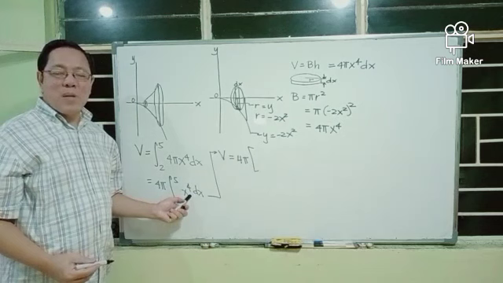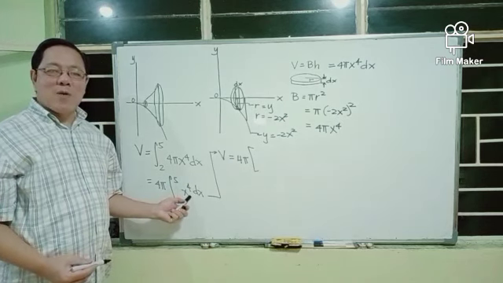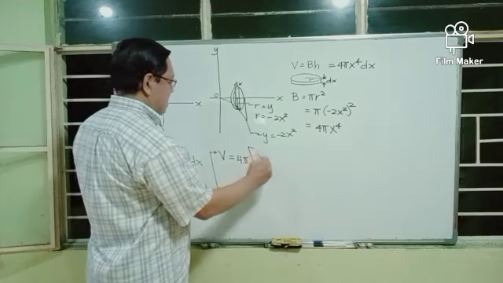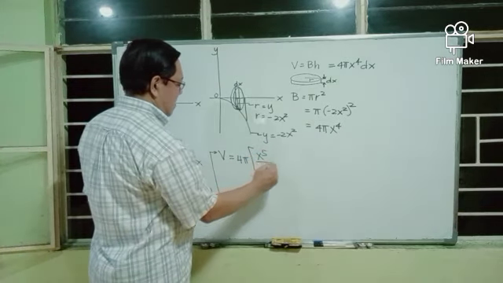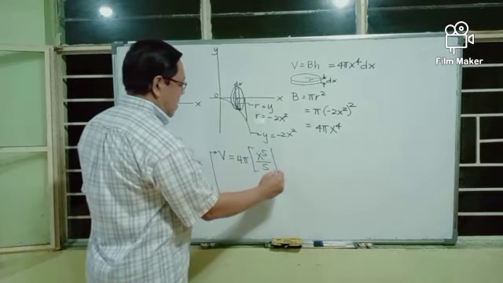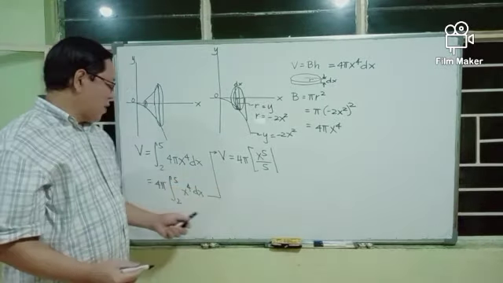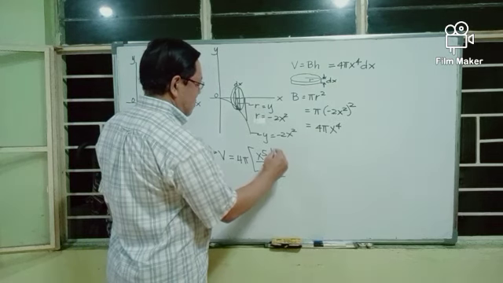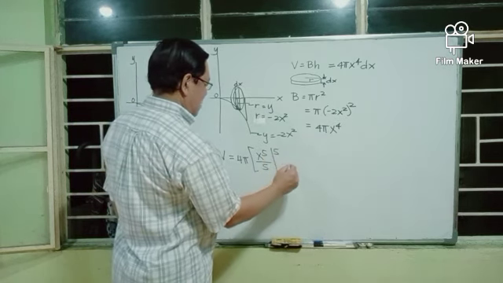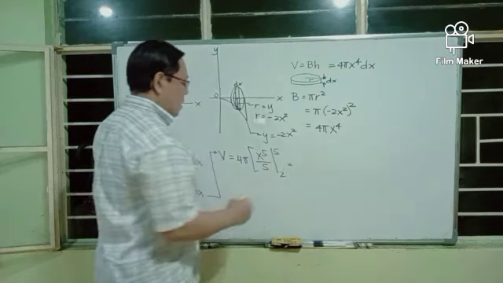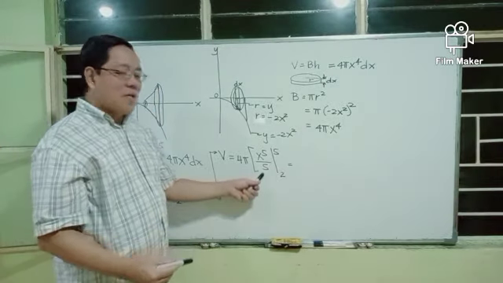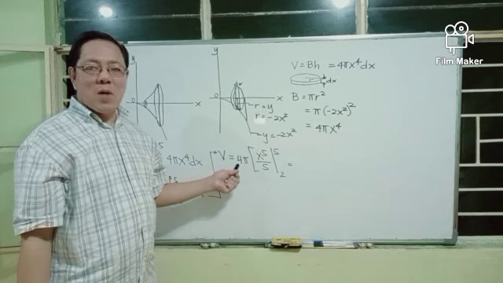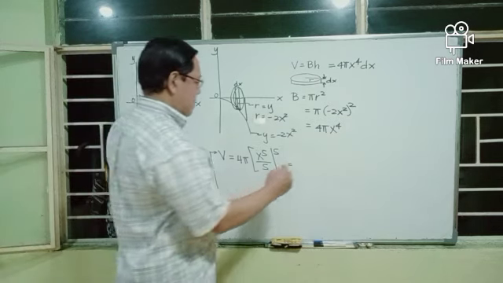By the power rule, we add 1 to the exponent of x, 4 plus 1 is 5, and divide by 5. And we evaluate this from 2 to 5. Again, 1 over 5 is a constant. We multiply it by 4 pi. We get 4 pi over 5.